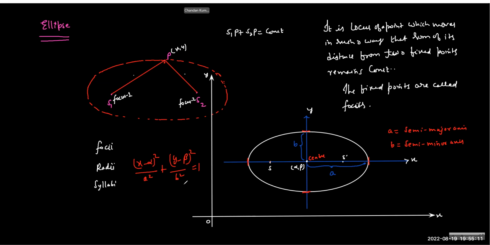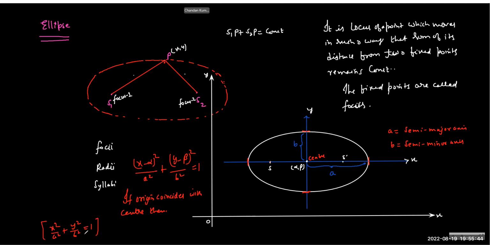If the origin coincides with the center, then alpha and beta become 0, and the equation becomes really simple: x square by a square plus y square by b square equals 1.